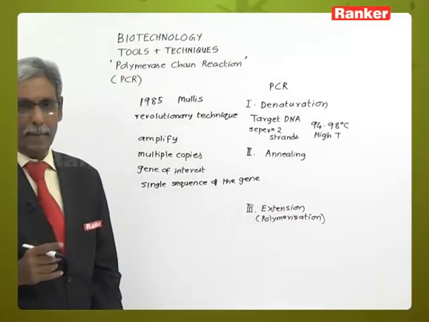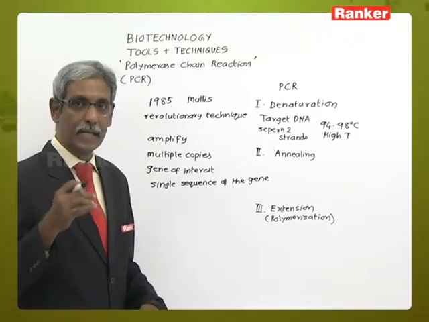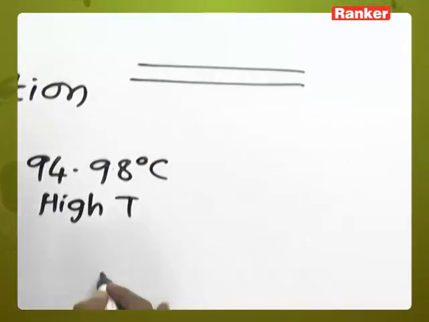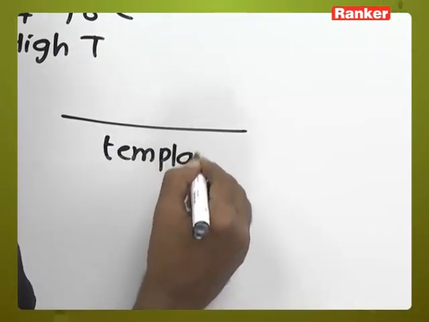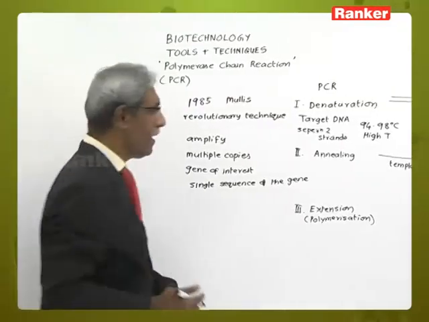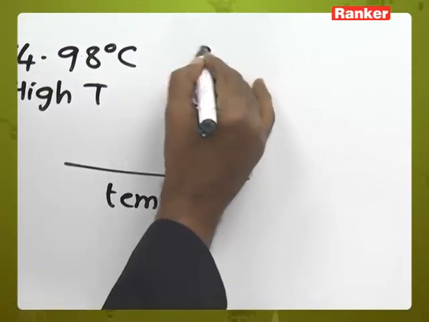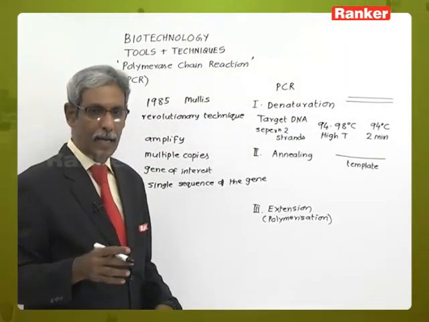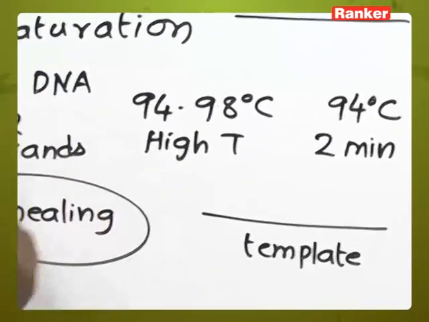The 2 strands remain separated, and a single strand acts like a template for the synthesis of another DNA strand, and the entire process has to occur within 2 minutes. So, 2 minutes, 94 degrees centigrade, we are separating this DNA, and this entire process is termed as denaturation.